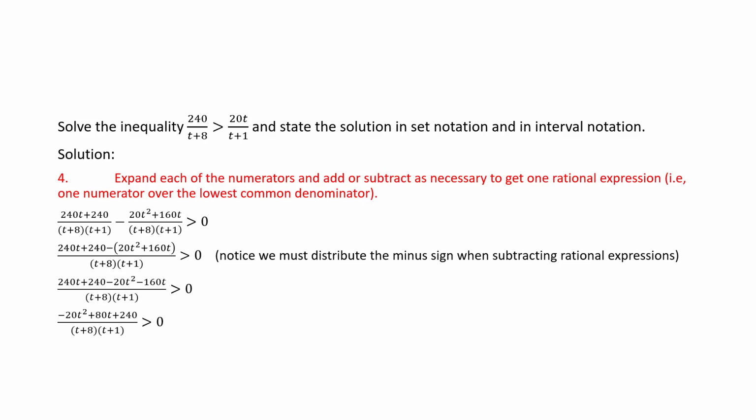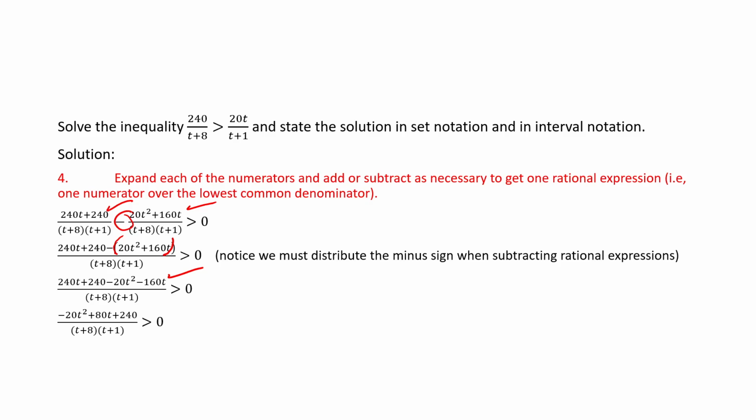Now in step 4, we're going to expand each of the numerators and add or subtract as necessary. When we expand the first numerator and the second numerator, this is what we get. We've got a minus sign in front. Don't forget to put a bracket around that second numerator. When we distribute the minus sign into the bracket, we get this expression here up top.